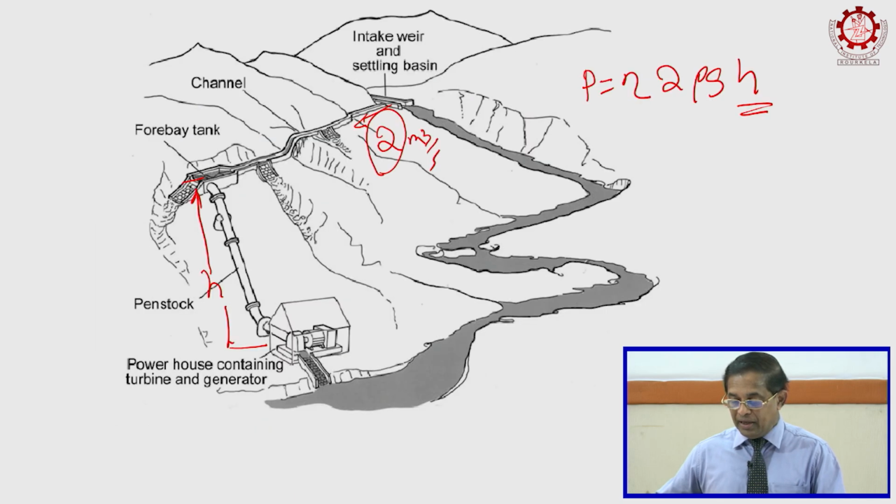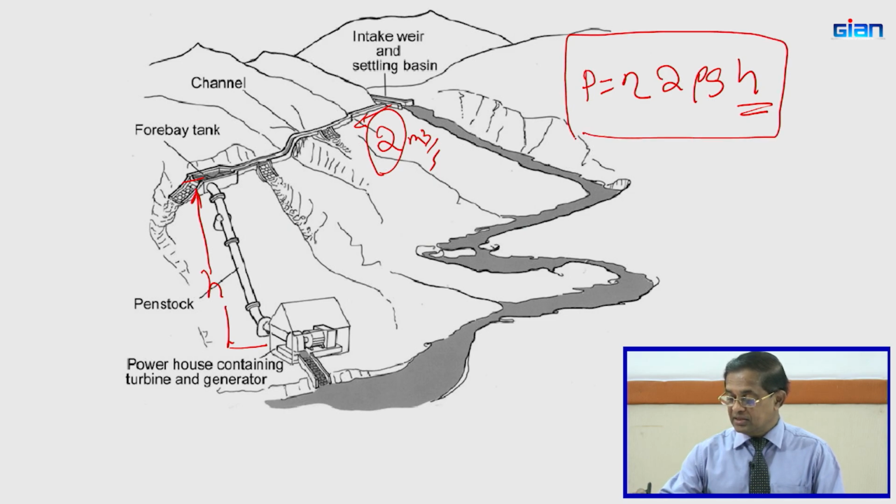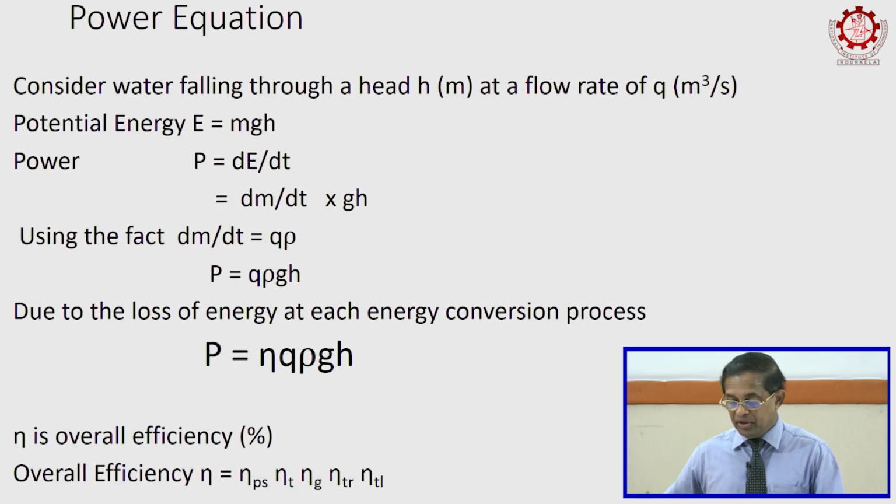But before going into that, I would like to show you how to obtain this relationship of the power equation, because that is also important in this exercise. So, here you can see, we are looking at water carrying potential energy in the forebay tank.